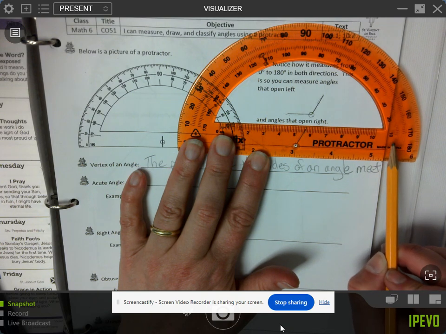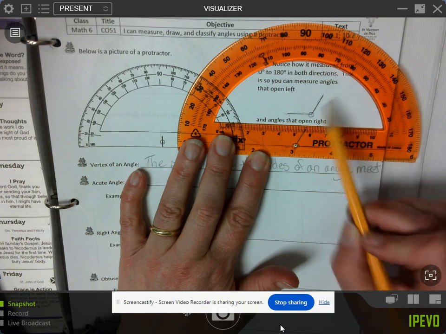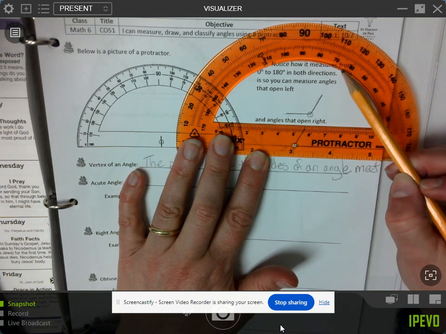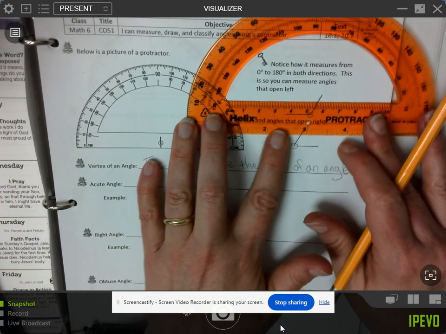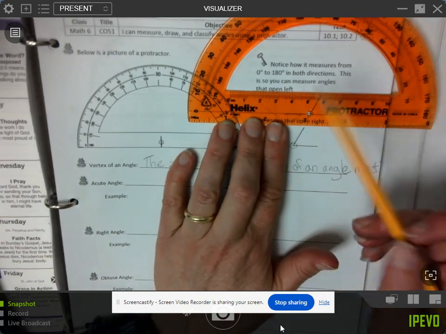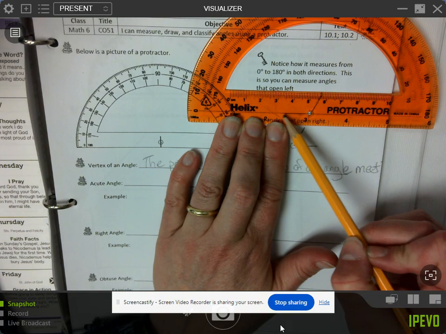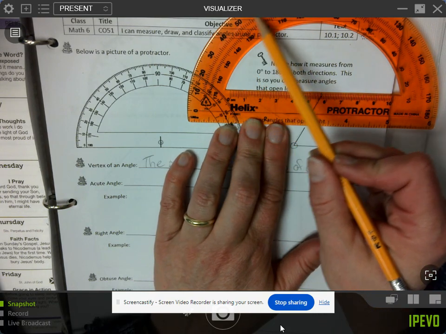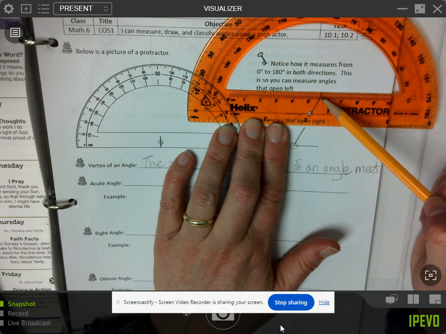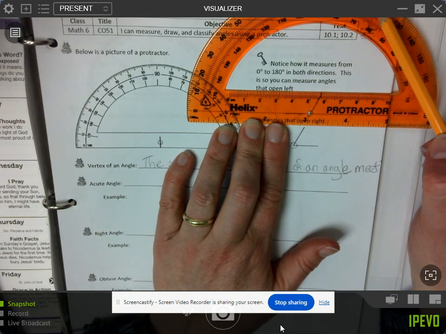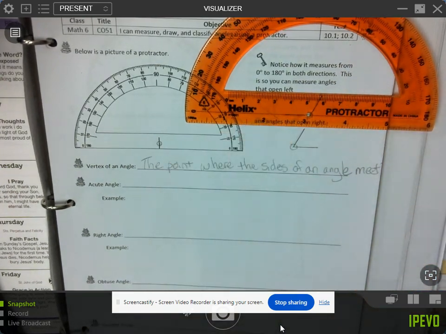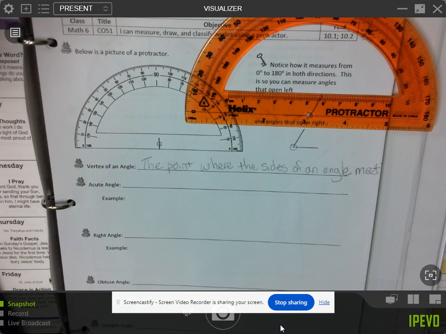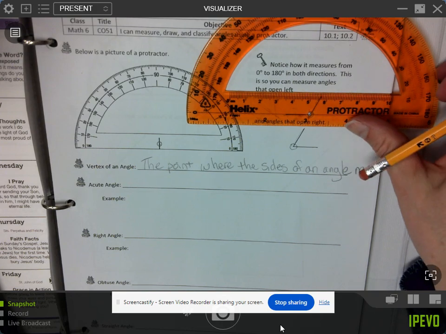So that means I'm going to use the inside numbers counting up to where this hits. And if I'm on the top angle, this line is pointing to the 0 on the outside. So I count up on the outside to where this line is going to hit it. We're going to go over that more as we go through this page. But first we need to understand all of our different terms.